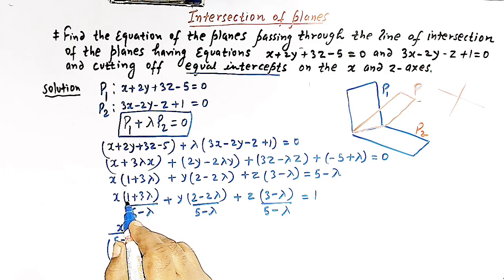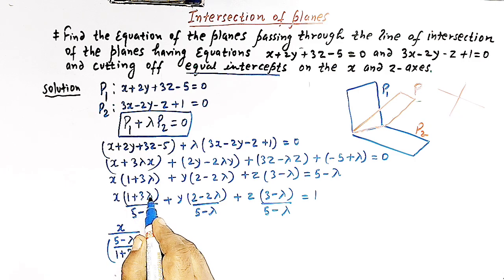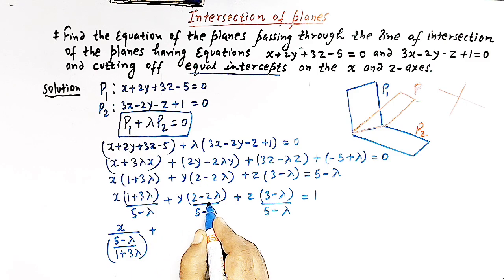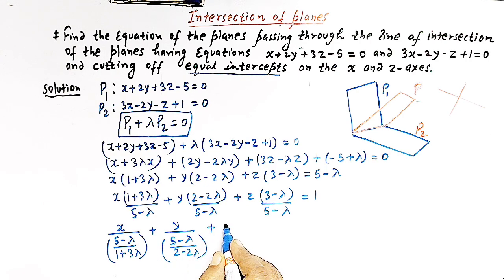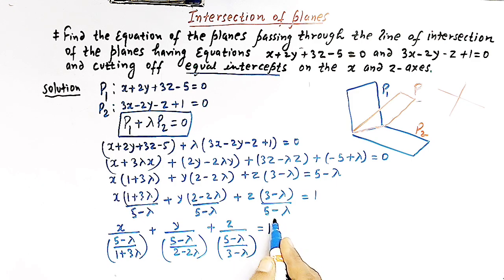So taking this term, 1 + 3λ, to the denominator of 5 − λ, and similarly here we can write y over (5 − λ)/(2 − 2λ), and then we have z over (5 − λ)/(3 − λ), and this is equal to 1, right?